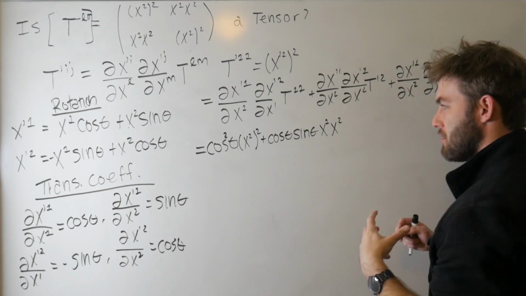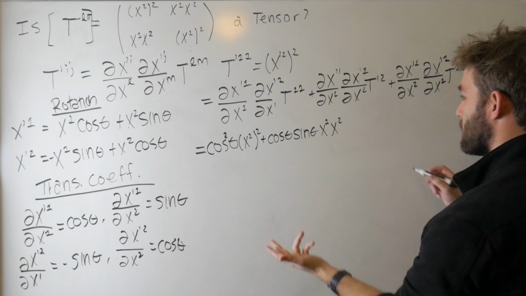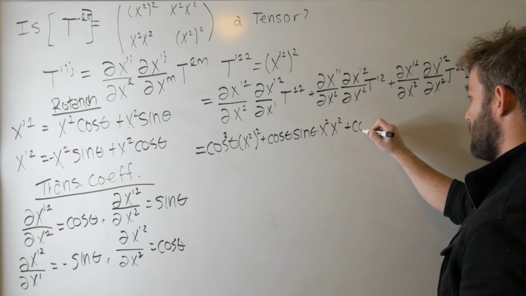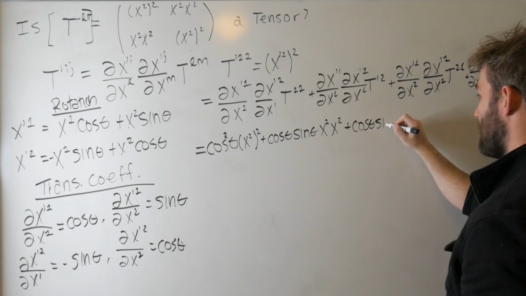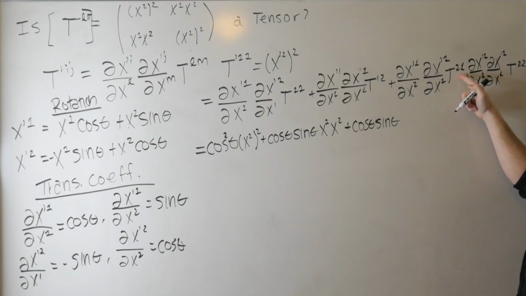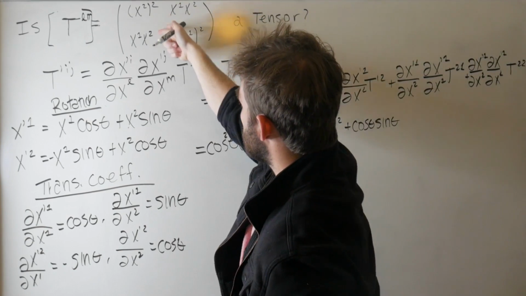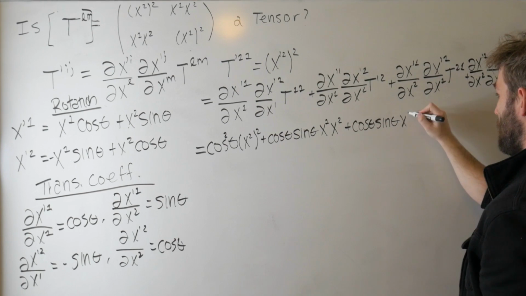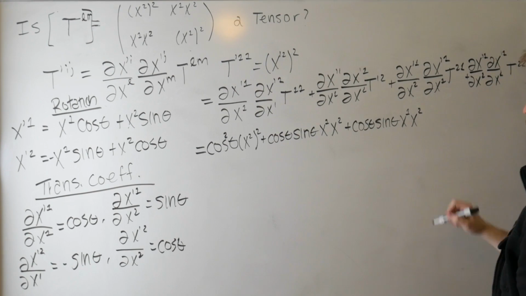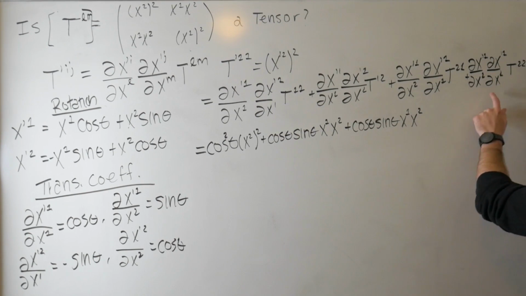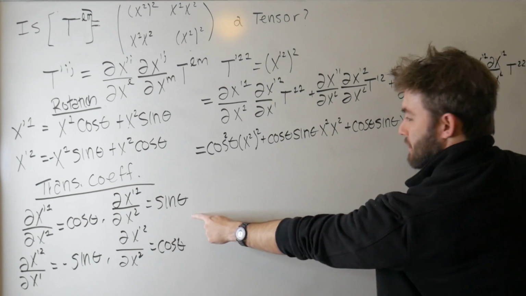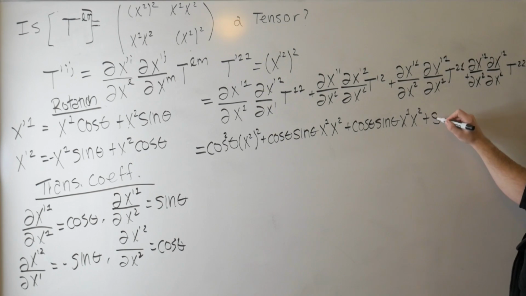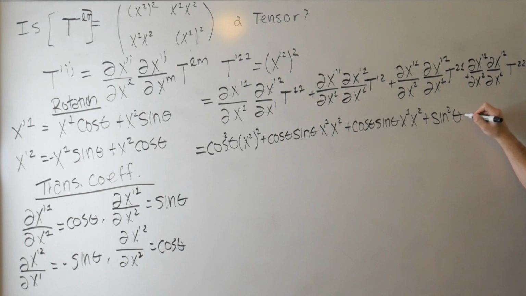So just to be more suggestive, I'm going to write it as cosine sine again. Cosine theta, sine theta, t2,1, so row 2, column 1, x1, x2. And the last term here, so dx2, dx2, that's just sine squared theta times the matrix element t2,2, x1 squared.